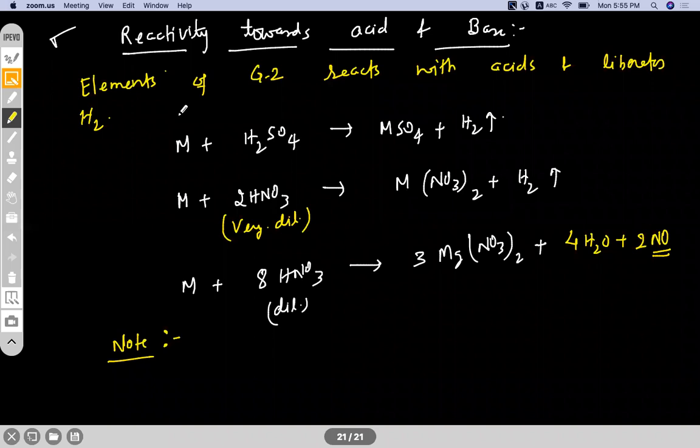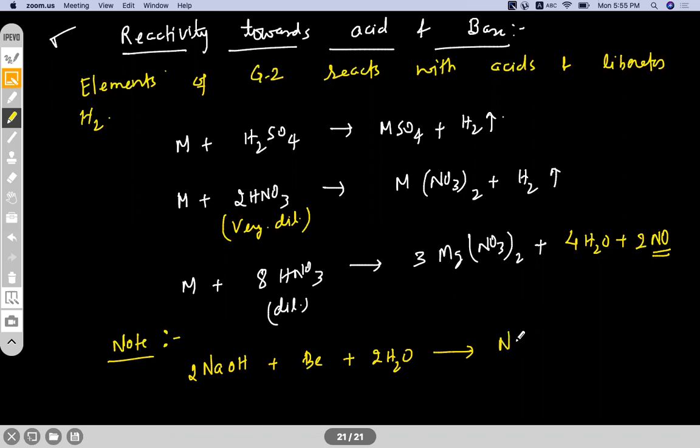It reacts with base, for example, NaOH. 2NaOH plus beryllium in presence of water forms sodium beryllate.